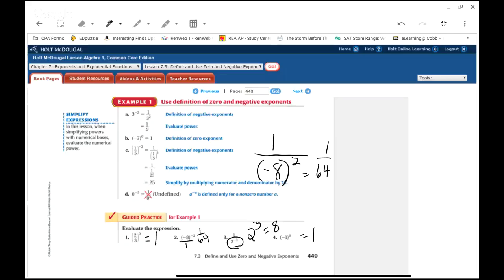That negative in the exponent drives it to the denominator. On number 3, the negative in the denominator drives it to the numerator. So now it's 3 cubed over 1. So it just pushes it to where it wasn't. Okay? All right.